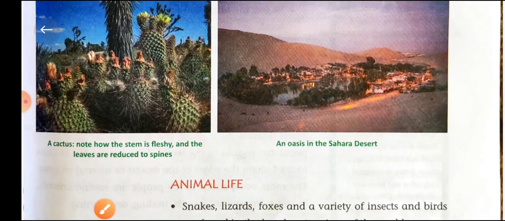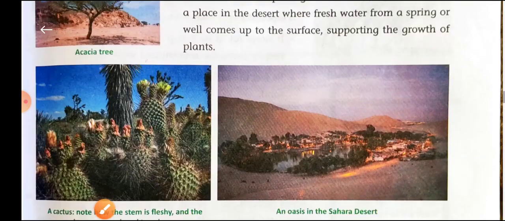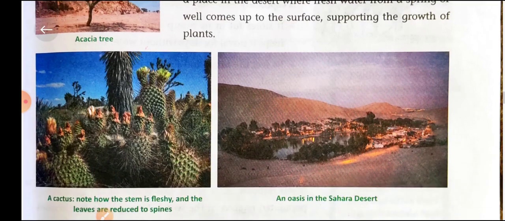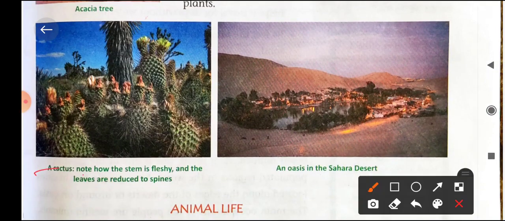As you see here, this is an oasis, and the palm trees are found in that region because they grow with the help of the water of the oasis. And cactus is another important plant life in the desert region. The leaves are reduced to spines.